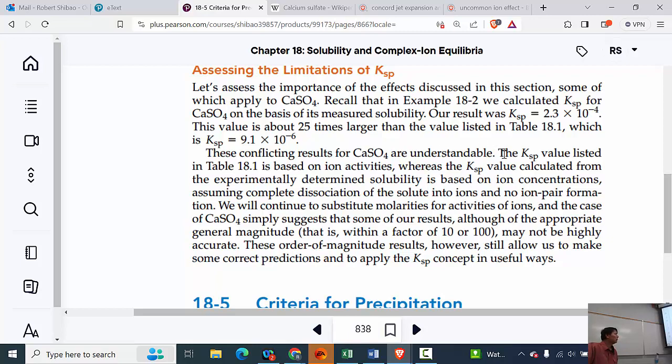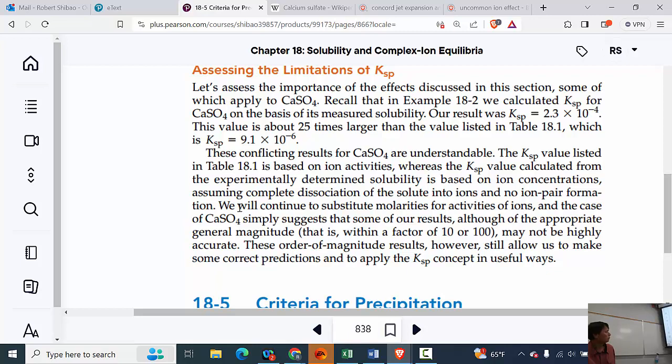But we have a table of Ksps, and all those Ksp values should be pretty accurate because they are based on activities, whereas the Ksp value that we calculated experimentally should be off. So the take-home message is that the Ksp values in table 18.1 are reliable, but if we use the Ksp values to calculate solubilities, are we going to get accurate solubilities?